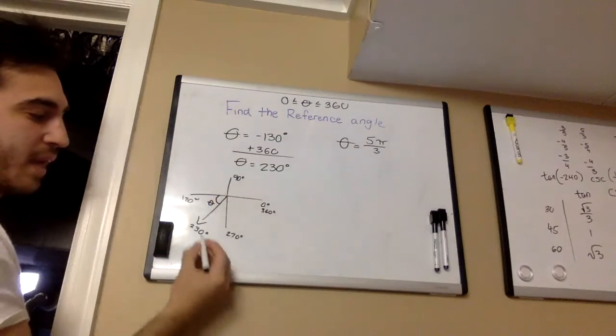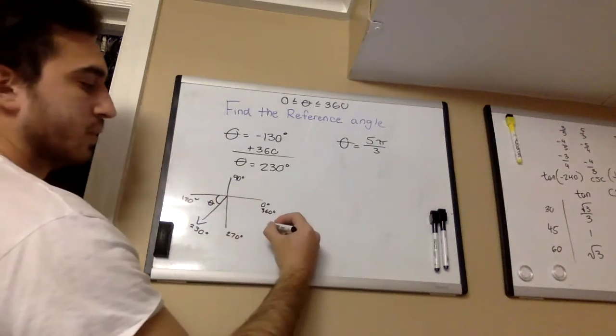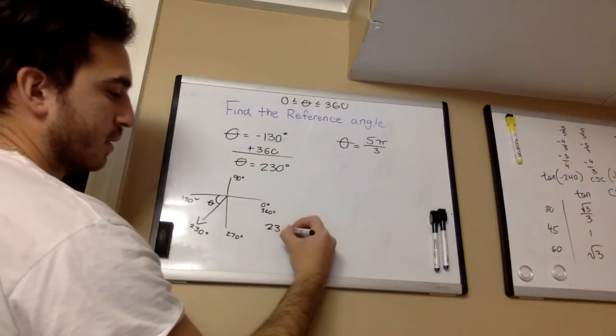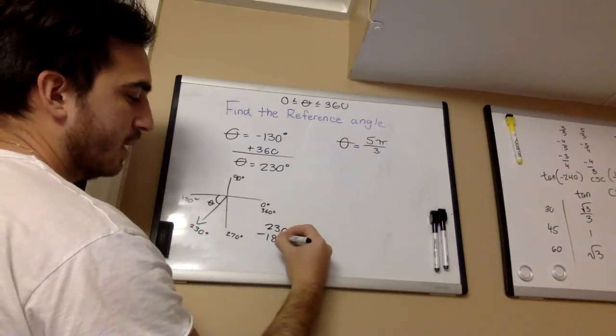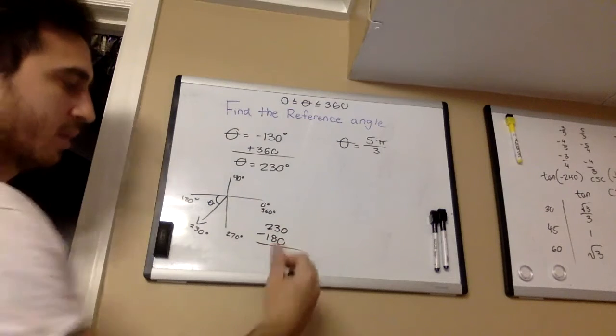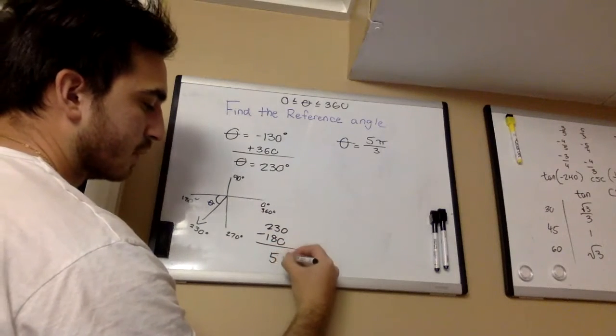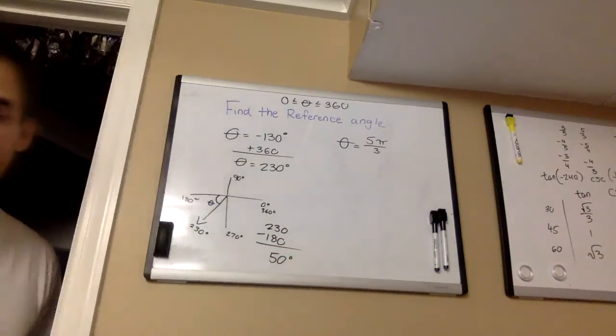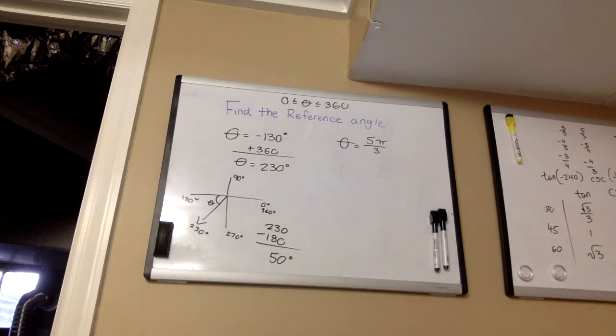In order to find that angle, I'm going to do 230 minus 180, and that is going to give me 50 degrees. So my reference angle is going to be 50 degrees.